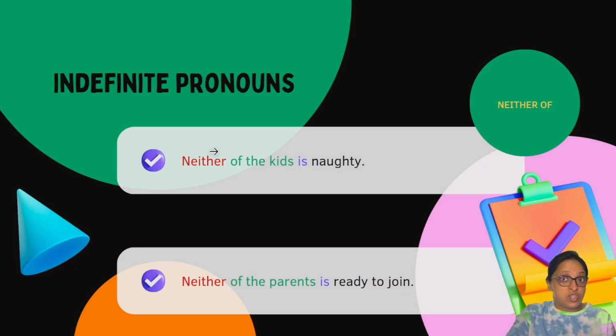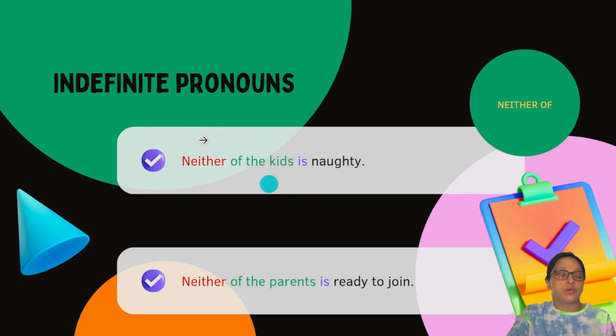Now, just as I said here, mark these words which are written in green: of the kids. Of the kids is a prepositional phrase, because we just learned that if the indefinite pronoun precedes a prepositional phrase, then we have to understand that it is an indefinite pronoun.